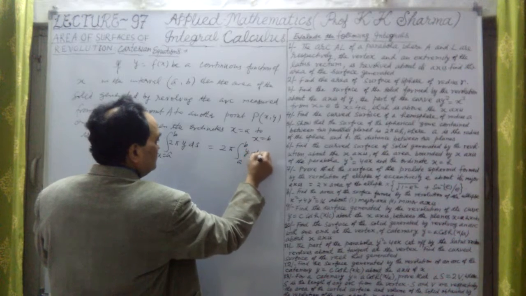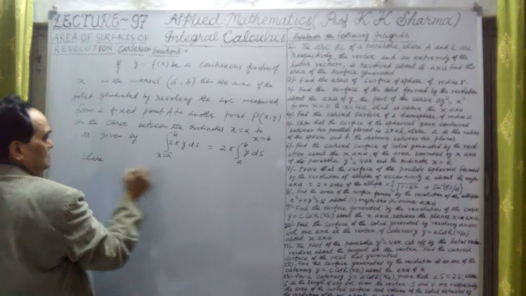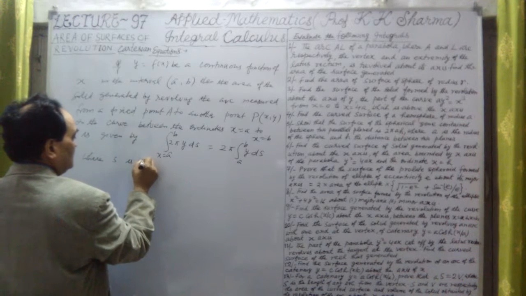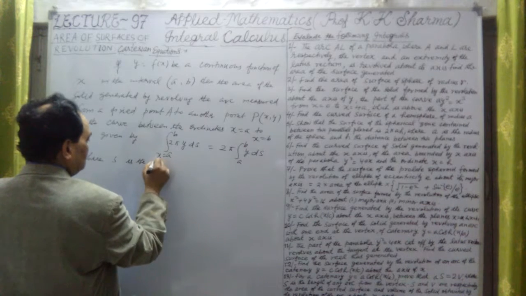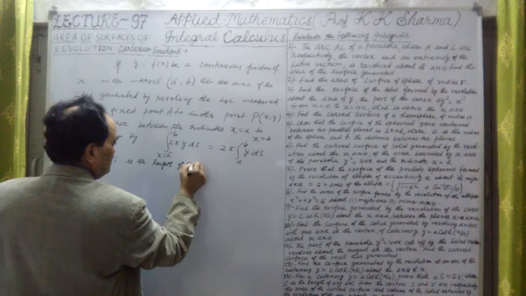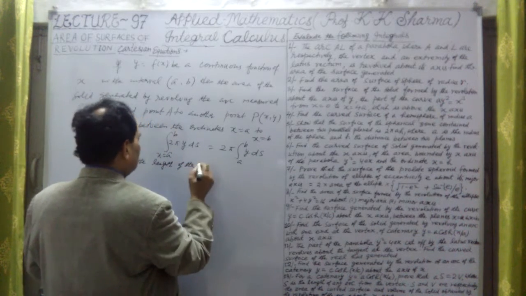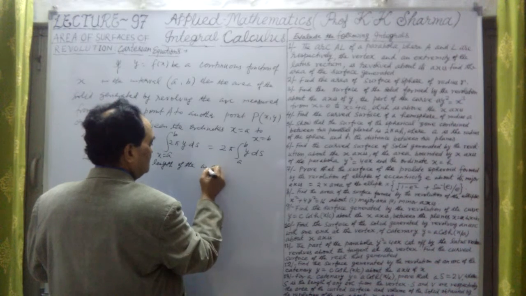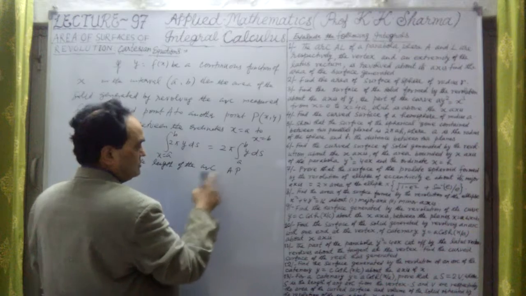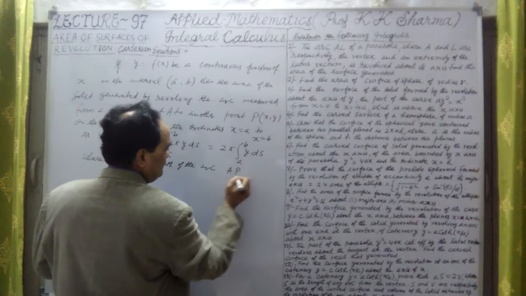Here s is the length of the arc, in ds. I have taken arc AP here, so s is the length of the arc AP.